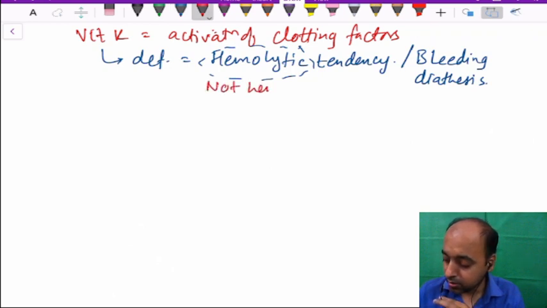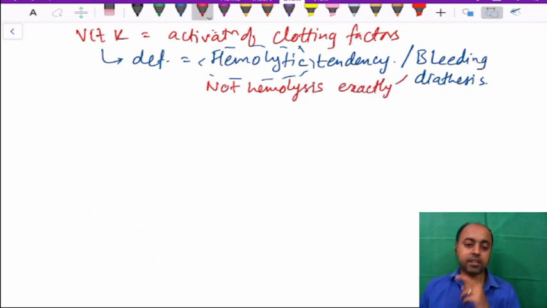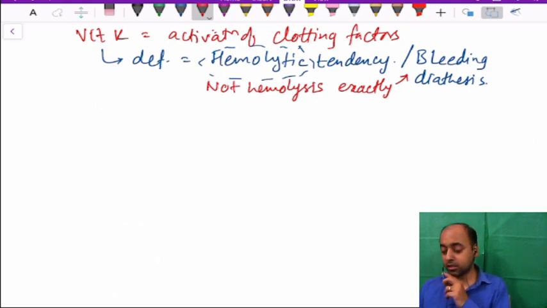Not hemolysis exactly, but bleeding diathesis means when there is injury, the tendency to clot will be decreased, but it's not hemolytic per se.